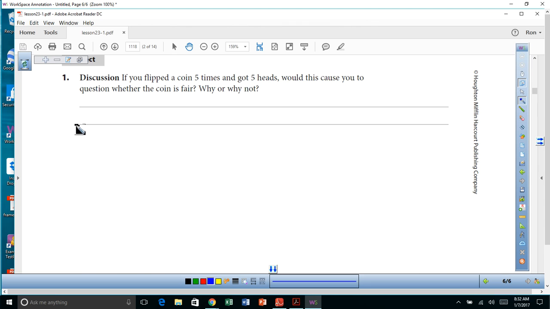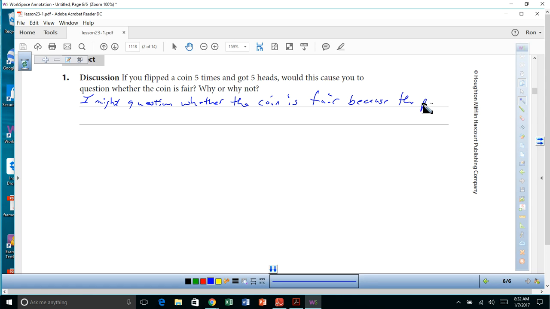So I might question whether the coin is fair because the probability of getting 5 heads in a row is very low.